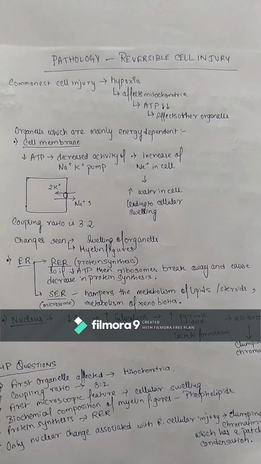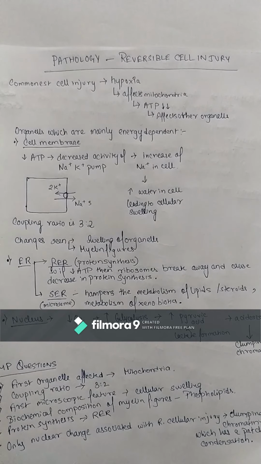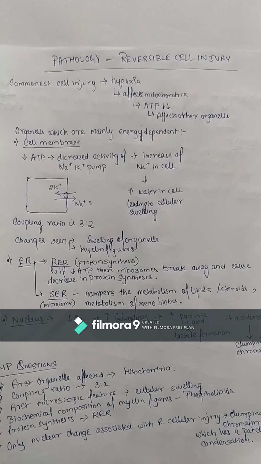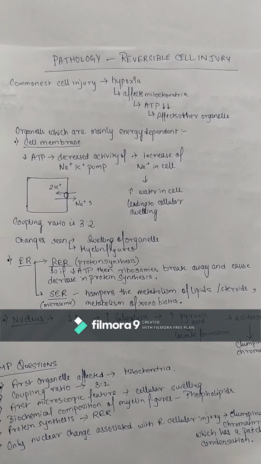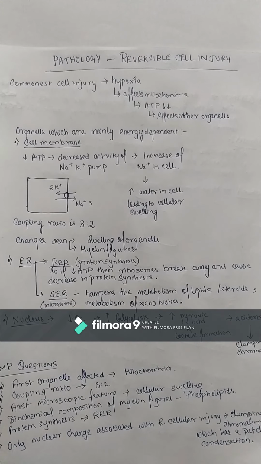So if there is less oxygen, the ATP formation will decrease, and so it is going to affect all the other organelles which are mainly energy dependent. So which organelles are mainly energy dependent?